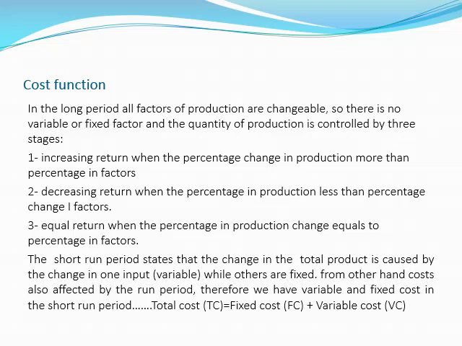The short run period states that the change in the total product is caused by the change in one variable input, while other factors are fixed. Logically, production is followed by costs.